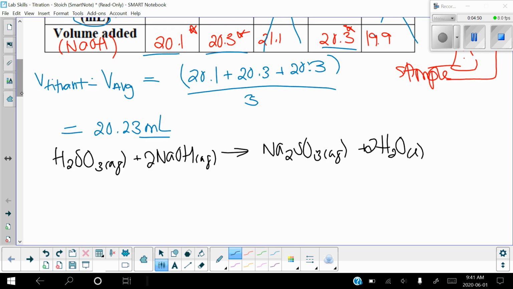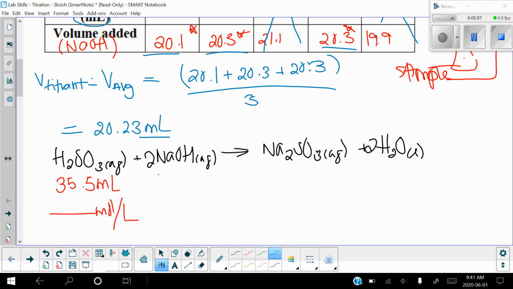We're going to list all of the information that we know below. There was 35.5 milliliters of this acid, and we're looking for the concentration of this acid.